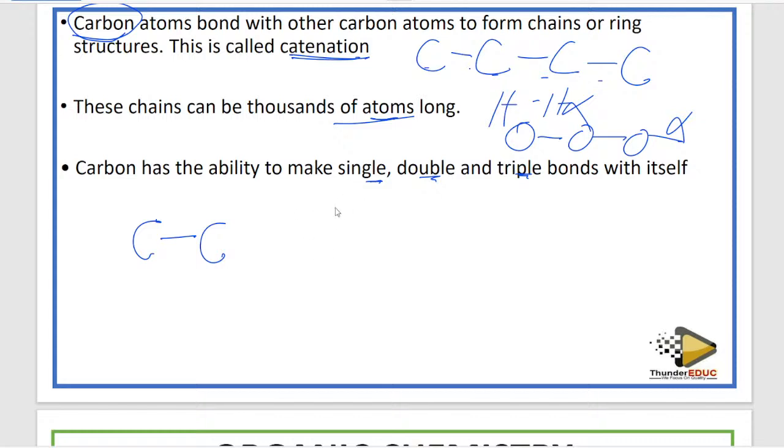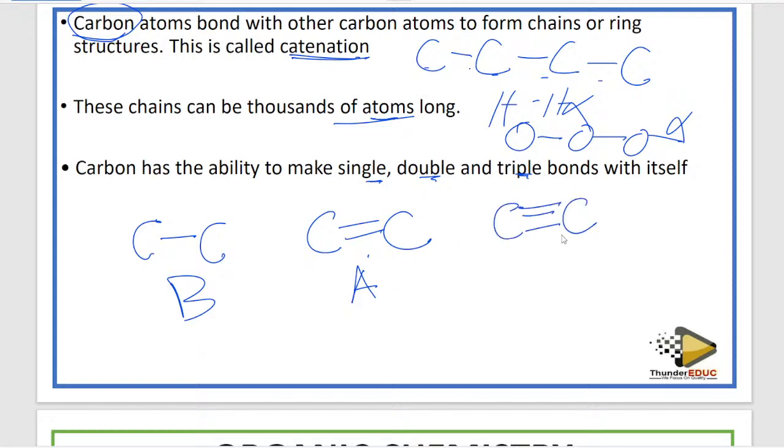But if I have carbon with another carbon in a double bond, this molecule A is going to react differently from molecule B. And then it can form a triple bond, C. This molecule A is different from molecule B, which is different from molecule C.